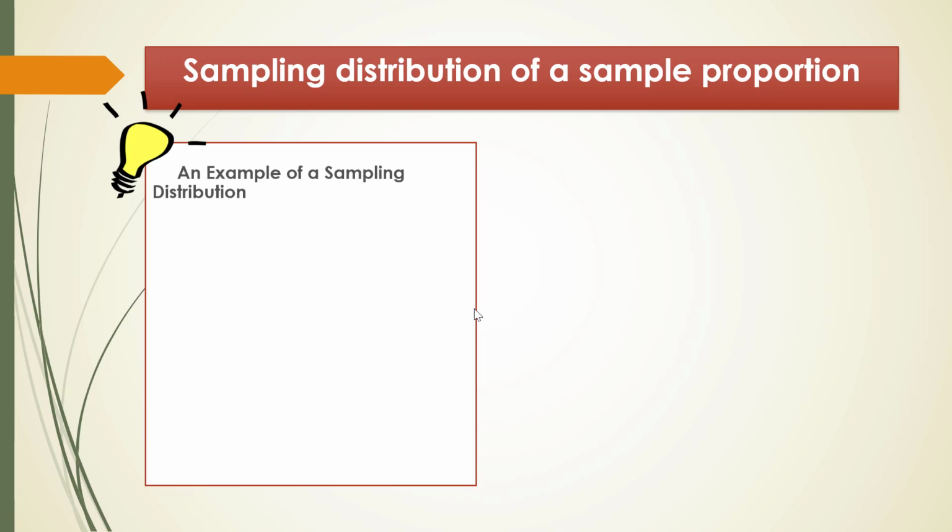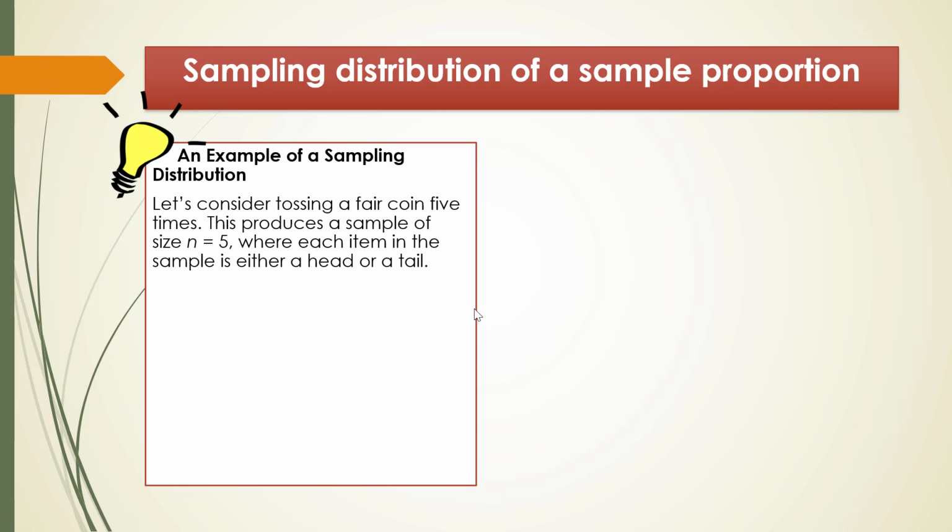Now we learn how to construct the sampling distribution of a sample proportion. Let's consider tossing a fair coin 5 times. This produces a sample of size n equal to 5, where each item in the sample is either a head or a tail.